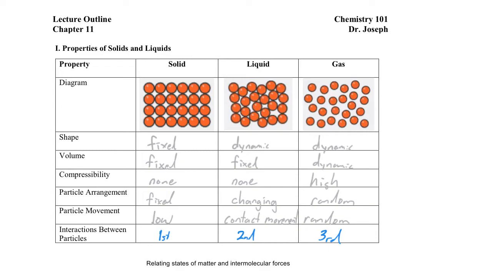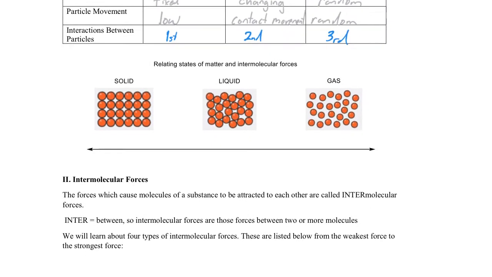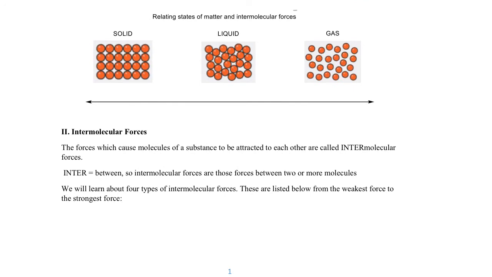Now, these interactions that exist between molecules or ions that are in a sample of matter are called intermolecular forces. Intermolecular forces are the forces which cause molecules or ions of a substance to be attracted to one another. And it turns out that when we have molecules or ions that are strongly attracted to one another through these intermolecular forces, we get matter that sort of clumps up together because of all the strong forces between those molecules.